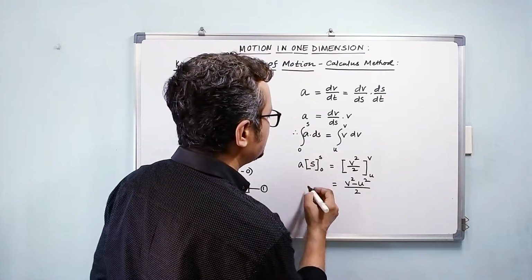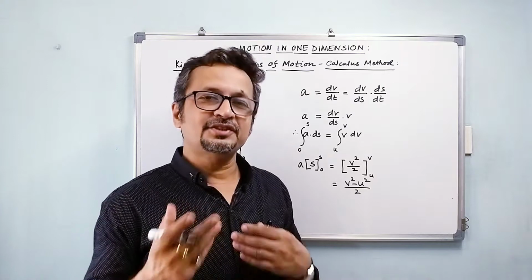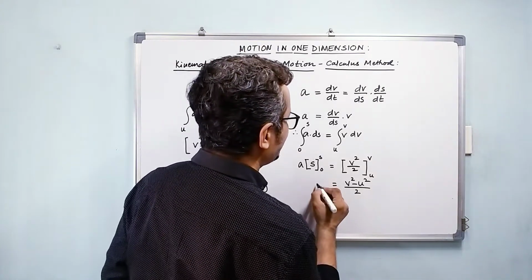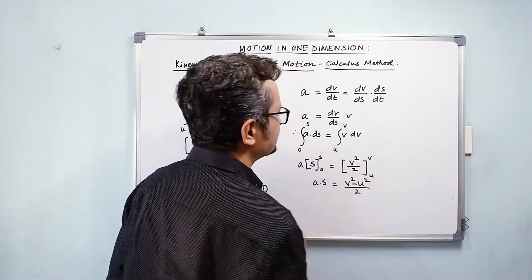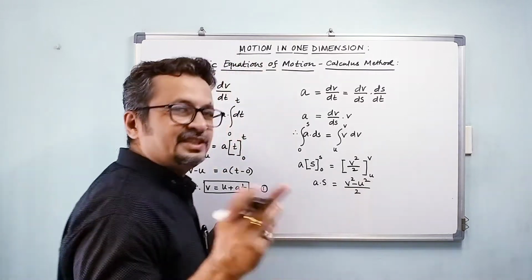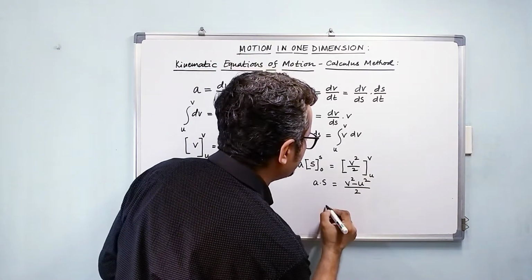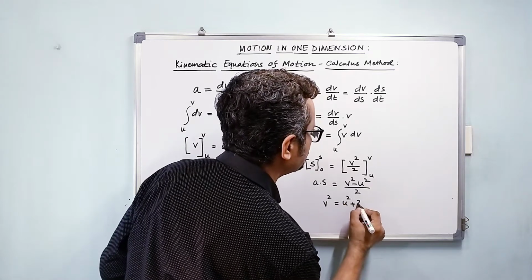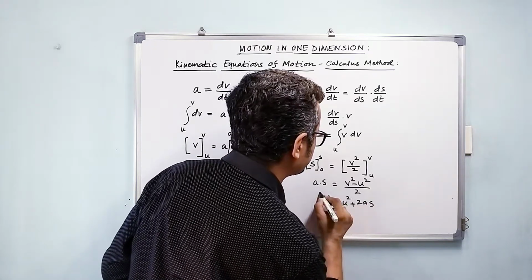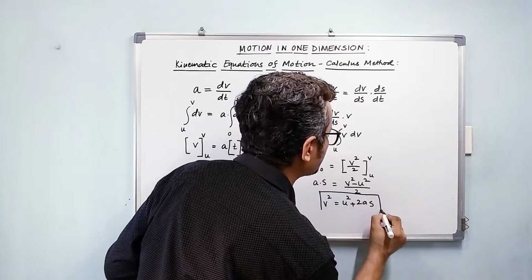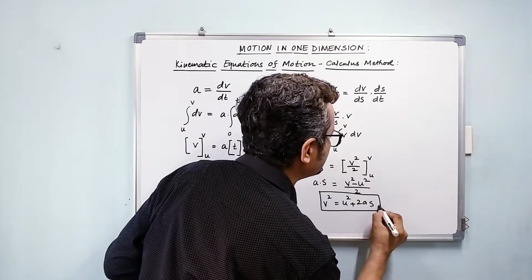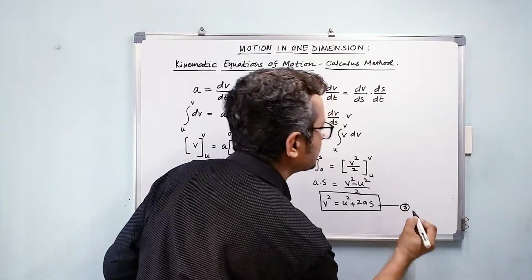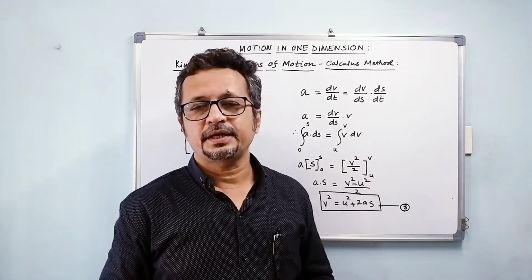Here my lower limit is 0, so it remains a into s. On simplification, v square is equal to u square plus 2as. This is our third kinematic equation.